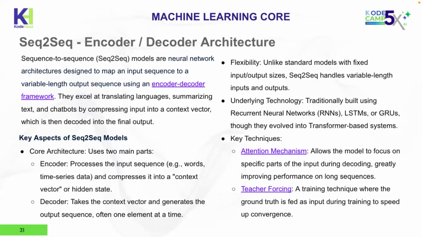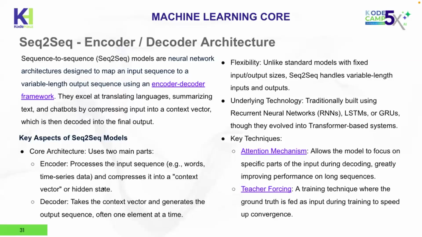So what they do, like I've said, is compress the input into a context vector, and then that is decoded by a decoder into the output. So the two main parts: the encoder, which processes the input sequence, which could be anything, words, time series, compresses it into a context vector or hidden state. That context vector, that's the cell state or hidden state, depending on what you are using.